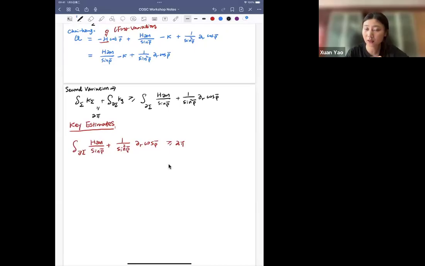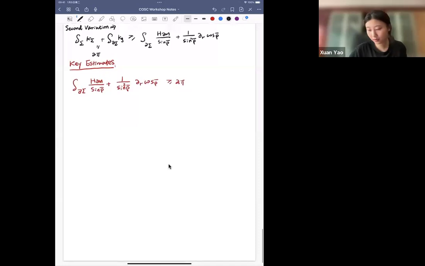And then by some standard argument, you can construct a local constant mean curvature surface near sigma, and you actually prove that they are all flat. And this gives you a local splitting. And then by the connectedness of the domain of M, you get a global splitting, which tells you that this is actually Euclidean.